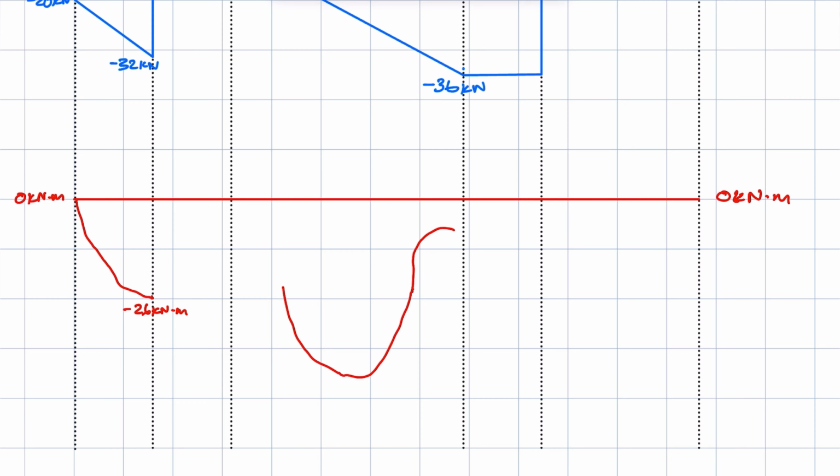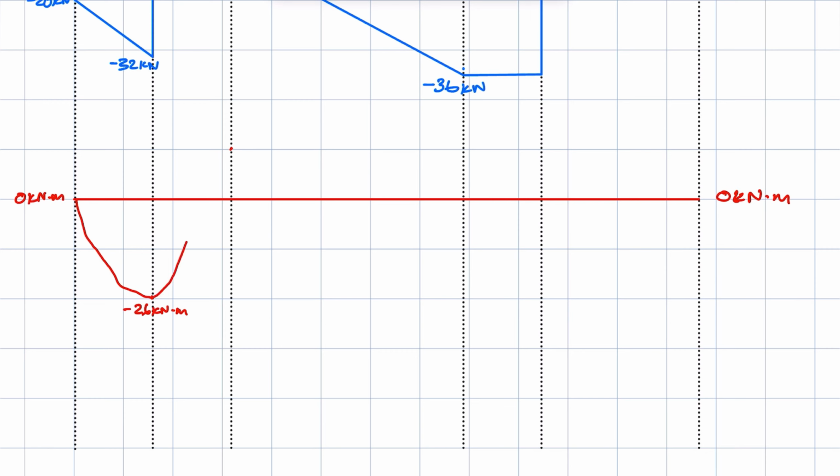So what I mean is, at point C, the bending moment is 10 kilonewtons. 10 kilonewtons, let's say, is at that point. So you're going to continue, complete your parabola at the bottom, and then above the zero line, it's going to look something like that.